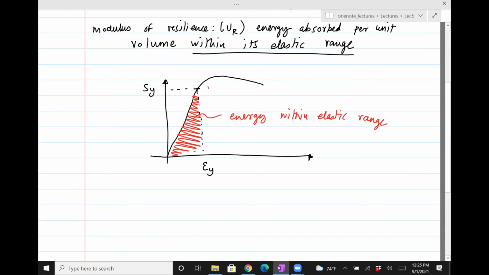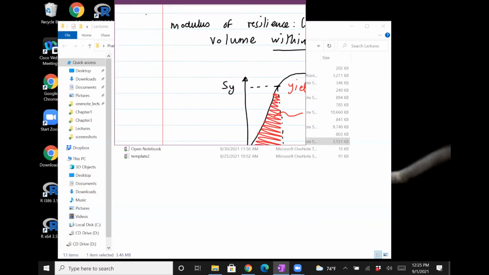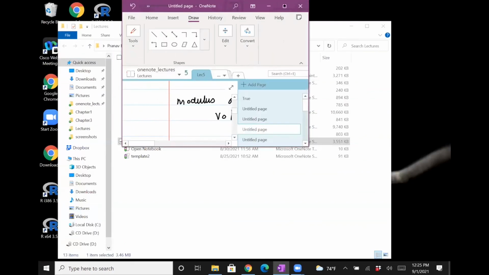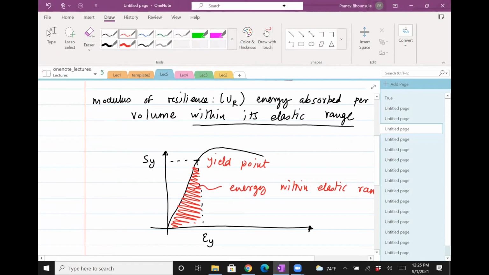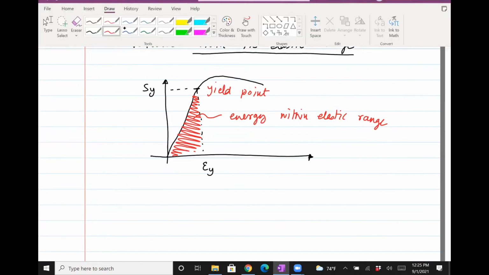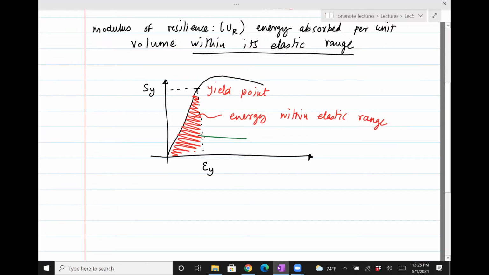Okay, and this is, by the way, the yield point. So what we'll do is make the assumption that this thing here looks like a triangle.